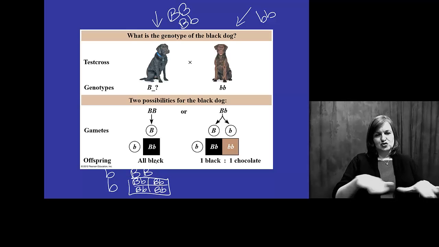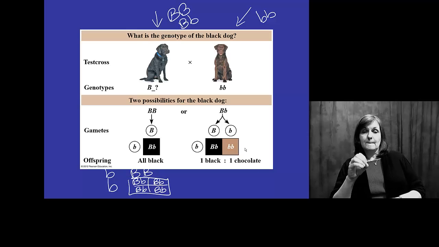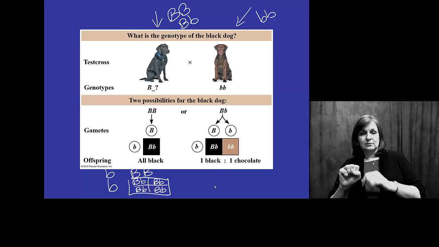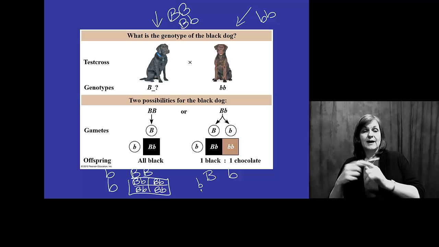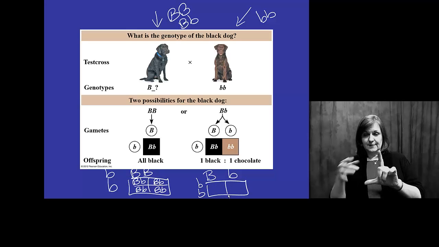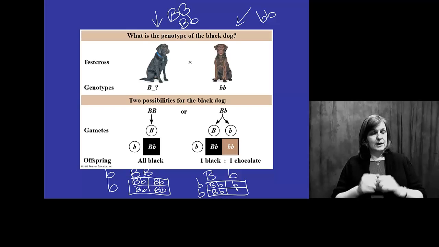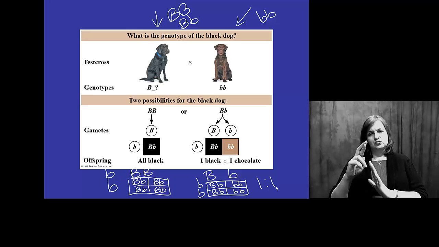So all of our dogs, as they're showing you here, come out to be all black, big B, little b. But if you cross this homozygote recessive with a heterozygote, as they've shown you, and if you would set this up the way we used to so you're comfortable with it, big B, little b, but then you get little b, little b. So you'd get a 1-to-1 ratio of dogs.